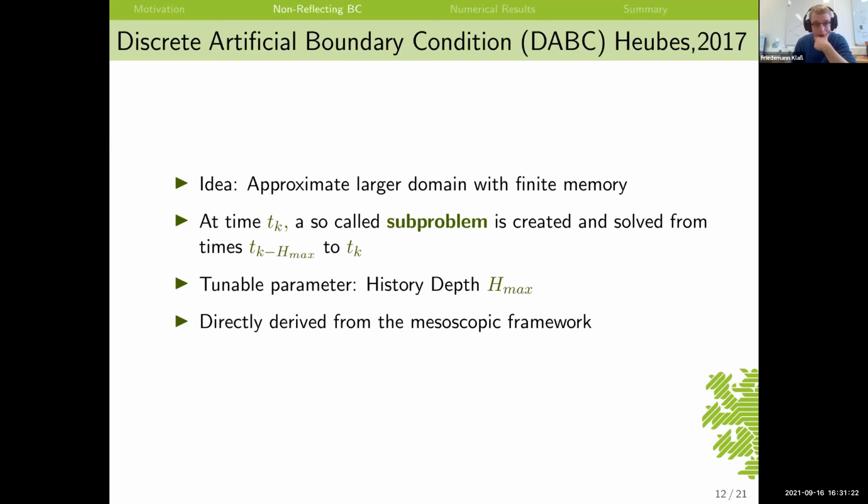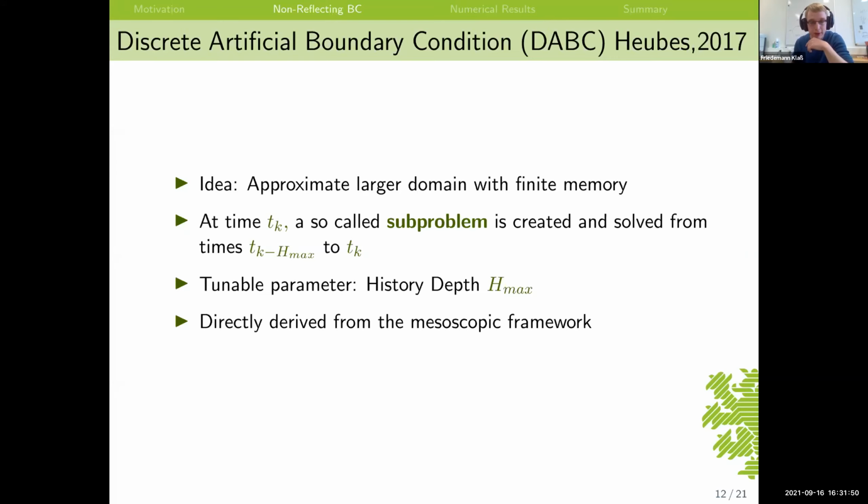In this boundary condition, the idea is to approximate a larger domain with a finite memory approach. This just means that at a given time step tk, we solve a so-called lattice Boltzmann subproblem, and we solve the subproblem from time tk minus H max to time step tk. And this H max is a tunable parameter of this approach.